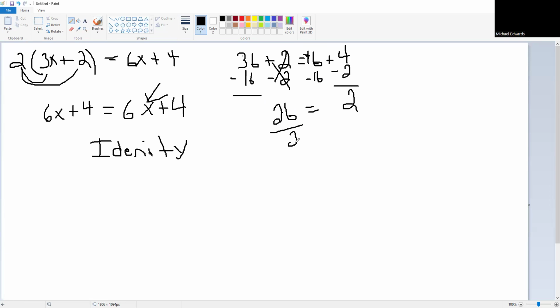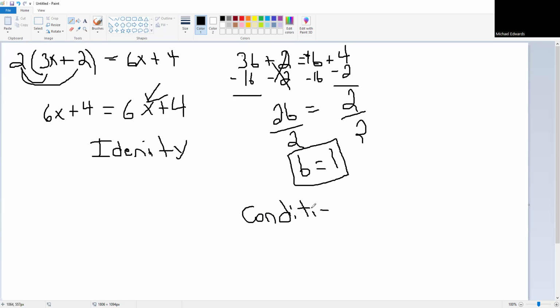We're going to divide to get rid of it. And this is B equals 2 over 2, which is just 1. And that's the answer. Now, since we could find an answer, a number that works here, not all numbers, we found a solution, so it is conditional.